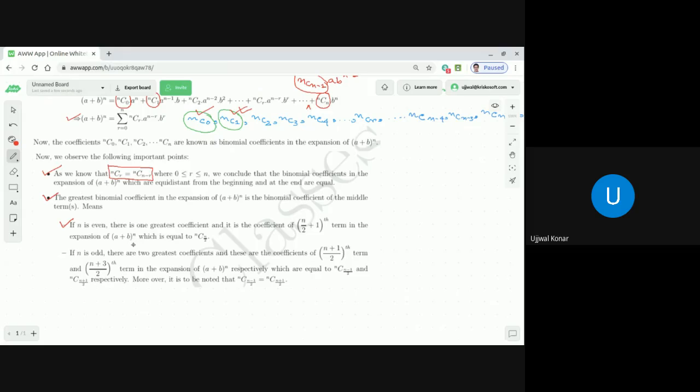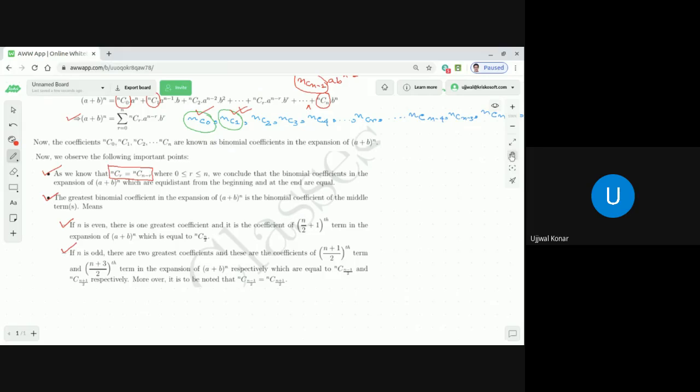If n is odd, there are two greatest coefficients and these are the coefficients of the (n plus 1 by 2)th term and the (n plus 3 by 2)th term in the expansion of (a plus b) power n respectively, which are equal to nC(n minus 1 by 2) and nC(n plus 1 by 2) respectively. And moreover, you will see these two values are equal.